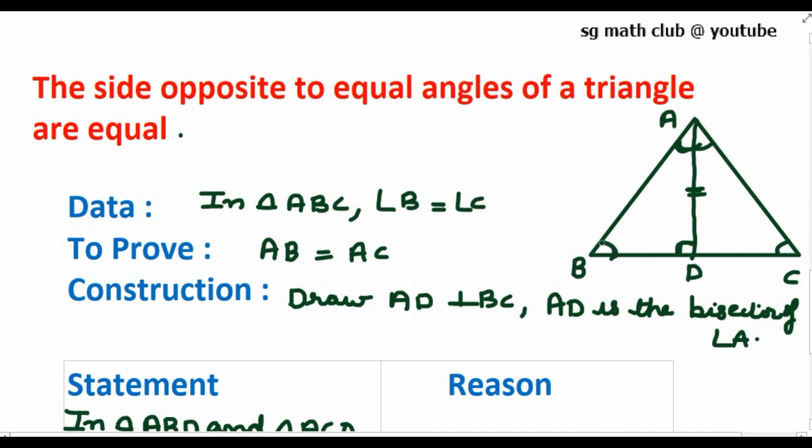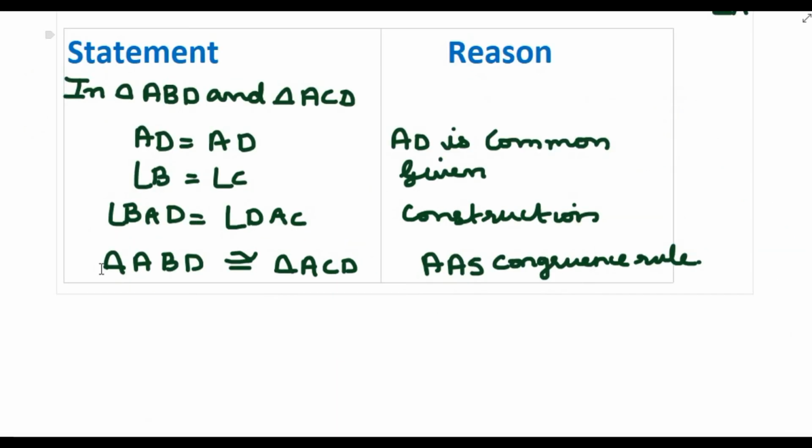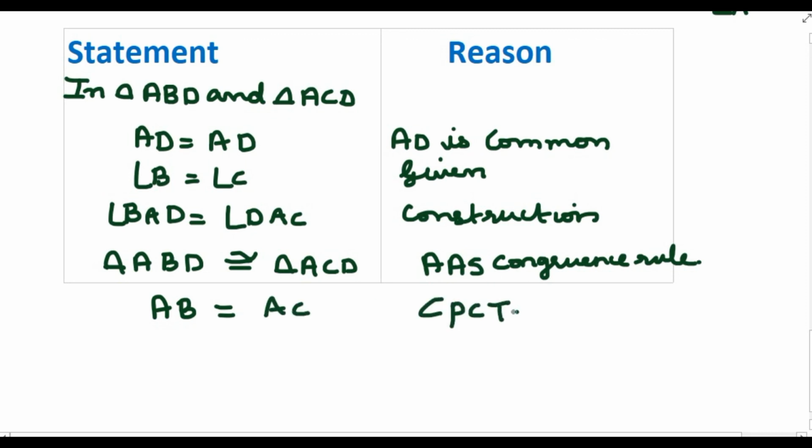Now I have used this angle, angle B, and the bisector property and this side. So it is AAS congruence rule. Finally, we can write AB equal to AC as corresponding parts of congruent triangles. Therefore, I can write AB equal to AC by corresponding parts of congruent triangles.